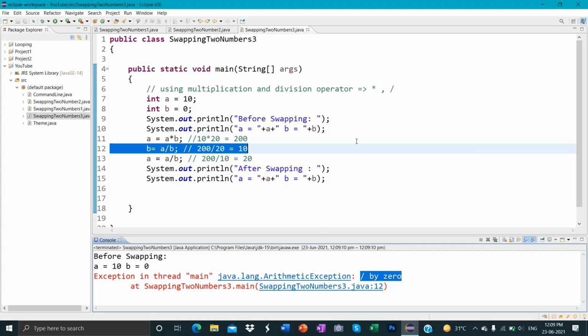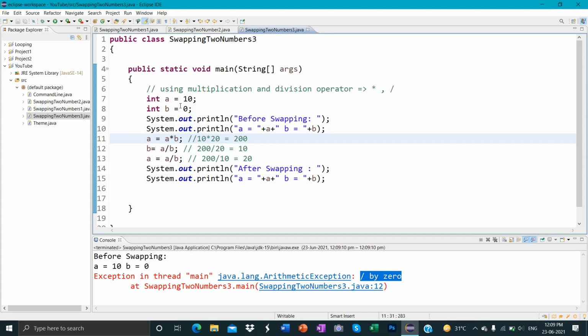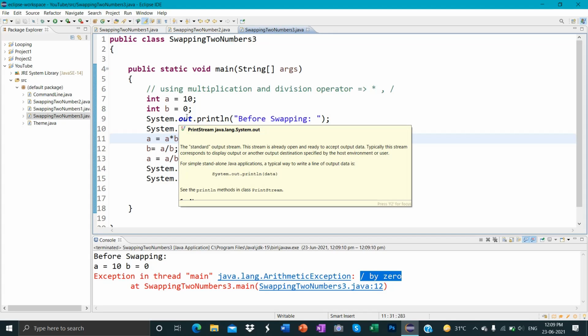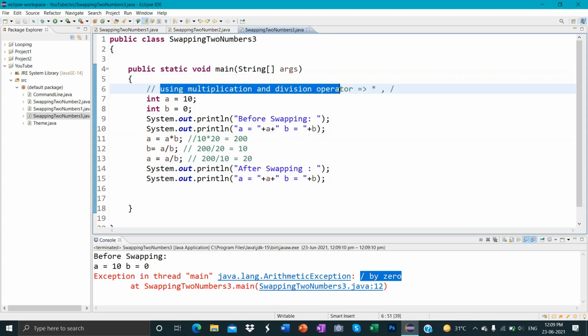That is what I said before, that if we assign any variable the value 0, whenever we are using this multiplication and division operator, it will always throw an arithmetic exception.